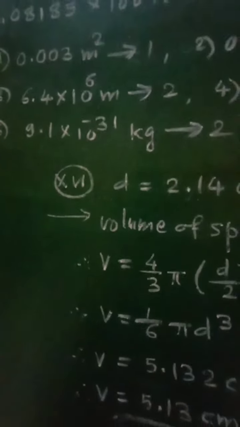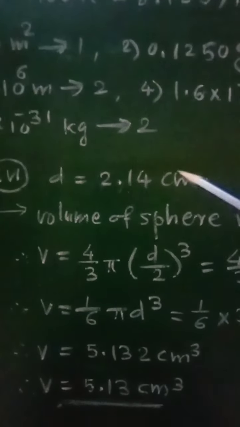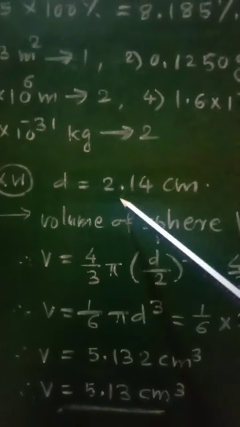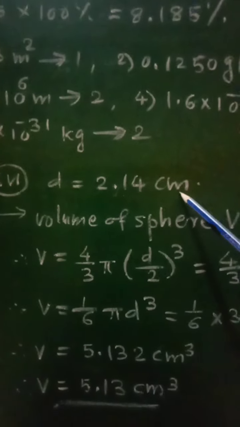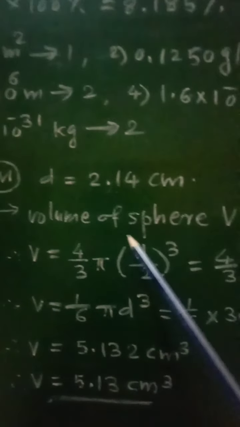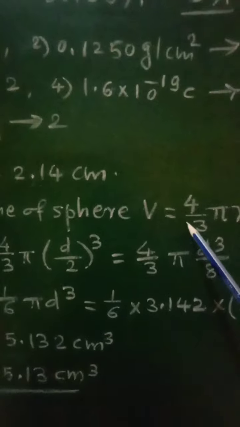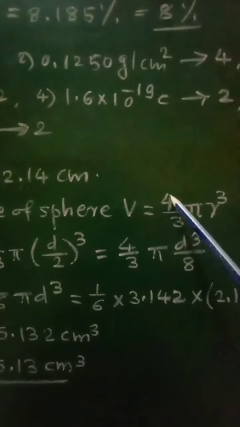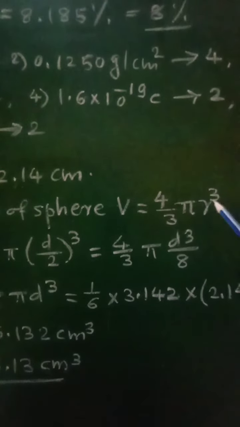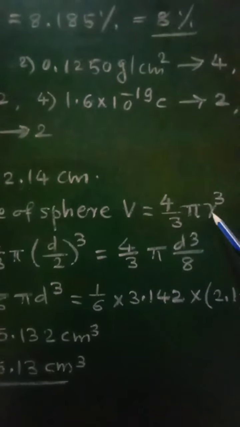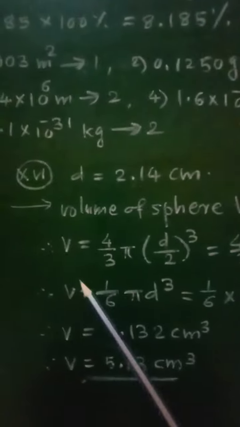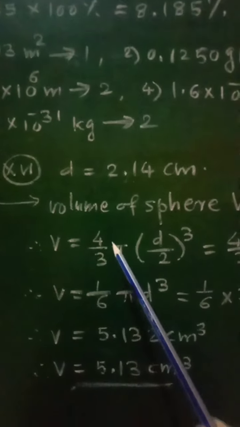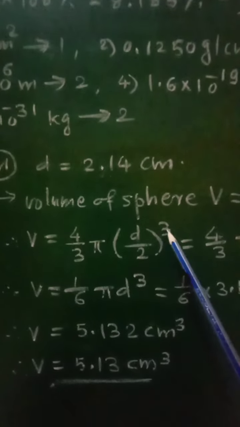For this numerical, the given data is diameter D equal to 2.14 centimeter. The volume of the sphere is given by the formula V equal to 4 by 3 pi r cube, but r is equal to d by 2, and therefore volume will be written as 4 by 3 pi d by 2 cube.